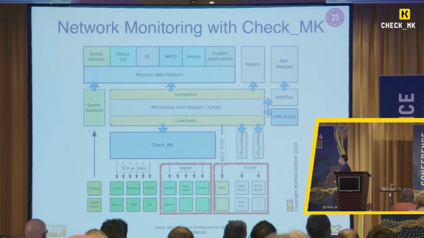And you can also use active checks, such as pings, DNS queries, HTTP requests. So today we are going to see how we can complement and augment this kind of monitoring that is already available in CheckMK.